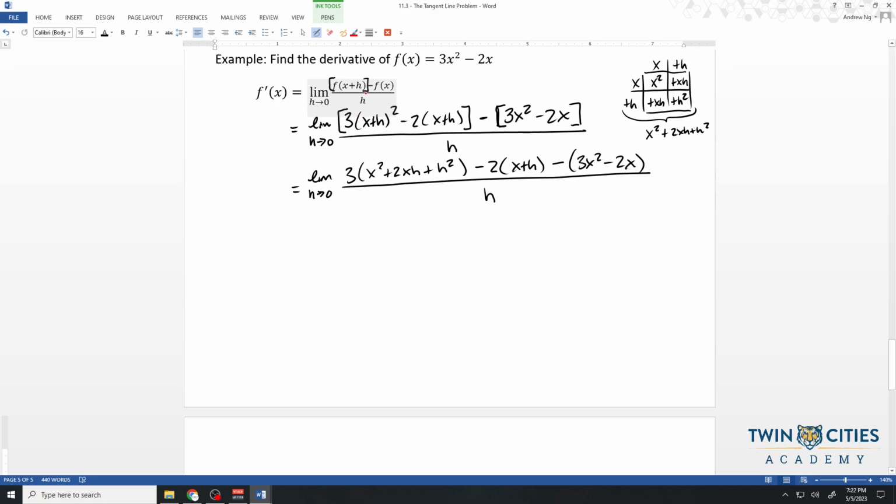Now it's time to distribute everything. Distributing this 3 here, I have the limit as h approaches 0 of 3x squared plus 6xh plus 3h squared.